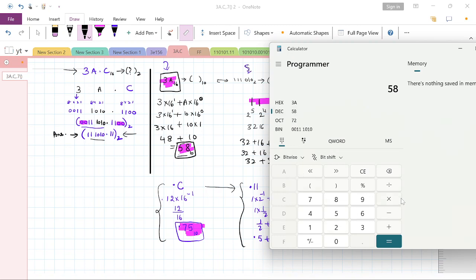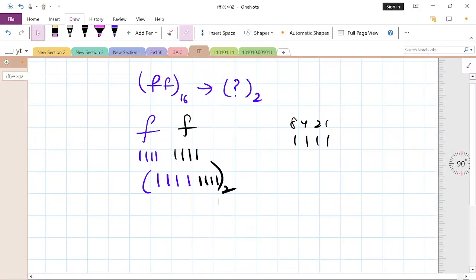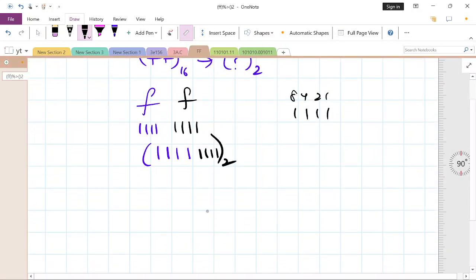So this number has to be taken care of, whatever number is given. Now if I ask you ff, one thing which you can do on your own, if I take this ff number, its binary code that we got was this, and this is its decimal equivalent 255. That means if you want to cross check this number, just write ff, convert it into its decimal equivalent, and write this answer because there is no fraction part over here.